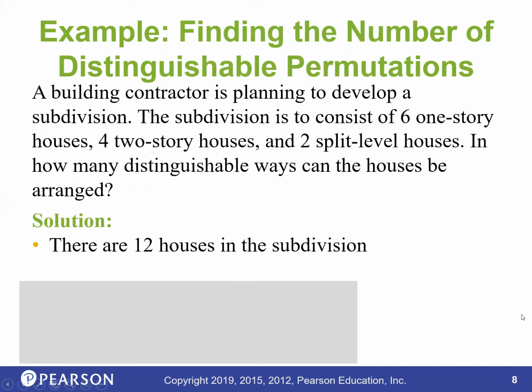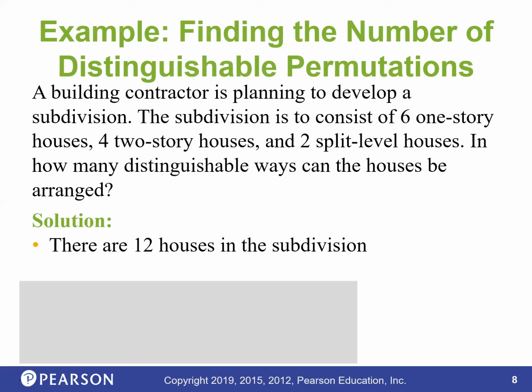So let's label our values, because we have what? We have n, which is the grand total. What's the grand total of all the houses you can build? 12, I think 12, right? Because it's the 6 and the 4 and the 2 added together. So I've got n equal to 12.